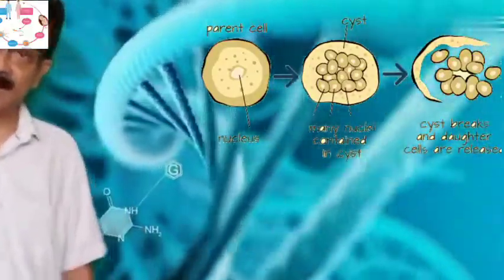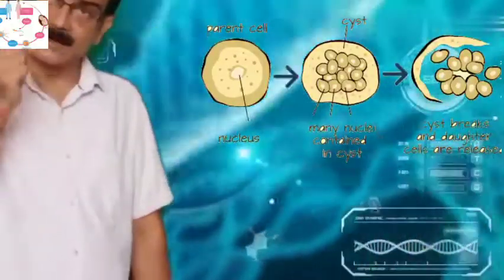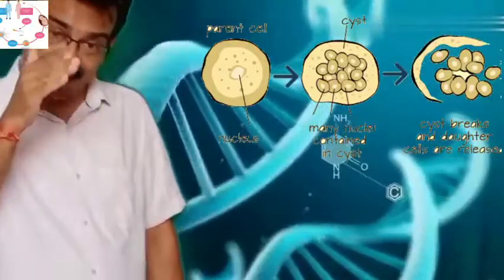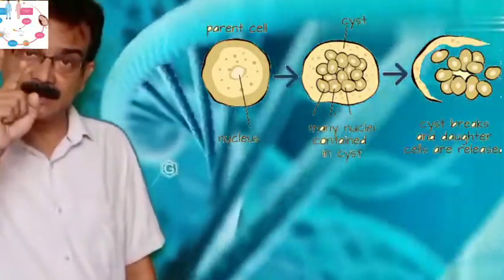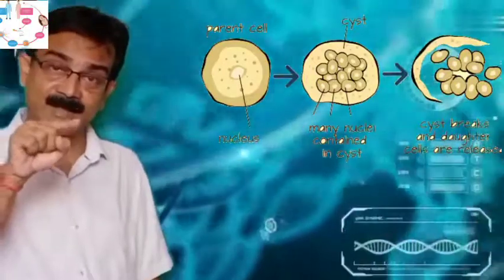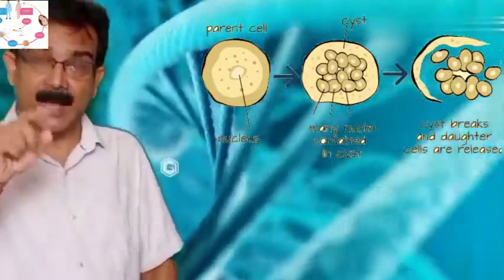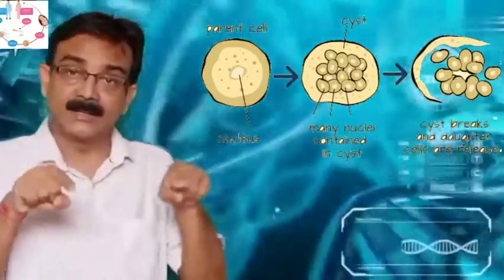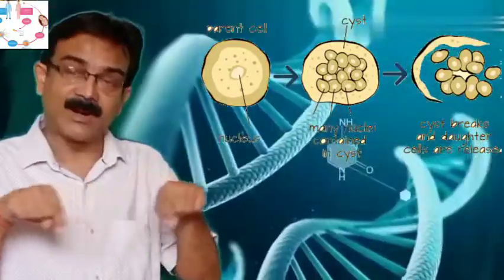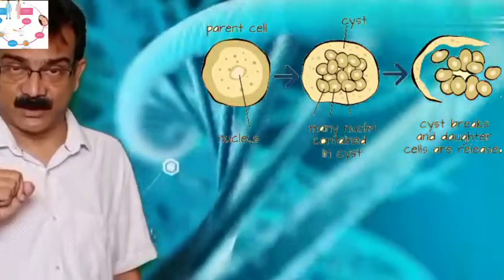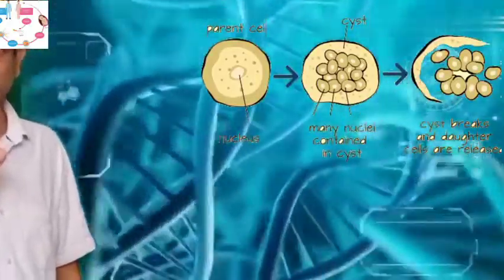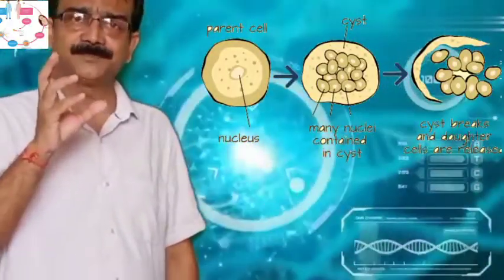So what happened during multiple fission? One cell divides in multiple fashion, the nucleus and cytoplasm divide repeatedly and form multiple daughter cells, and externally that cell is covered with a protective layer, and this protective layer is what? Cyst.